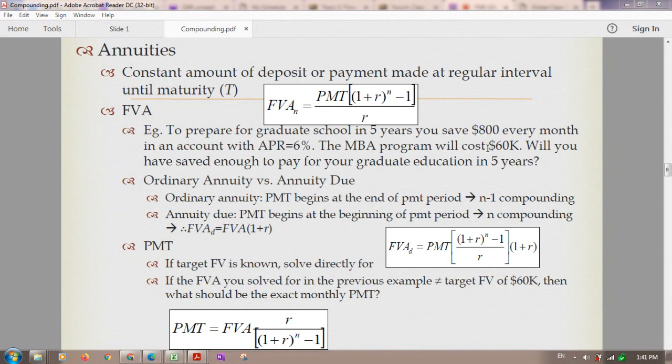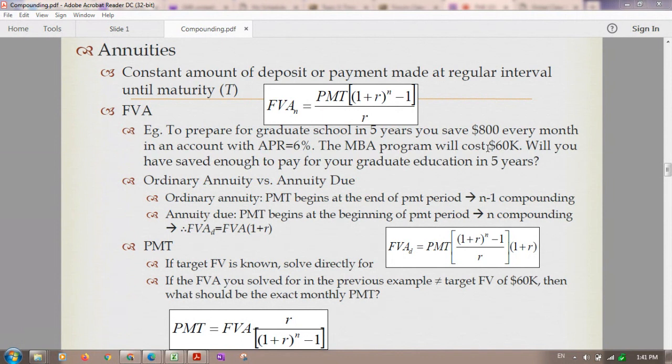Let's say you can save $800 every month. Let's say you have a part-time job, and you can save at least $800 every month. Then over 5 years, it's going to be 60 payments of $800, right? The total amount of deposit alone is already 48K.